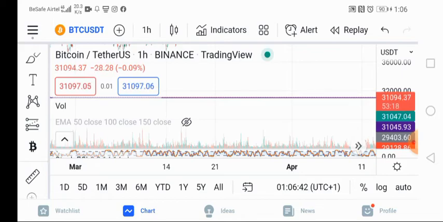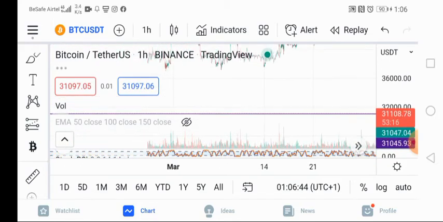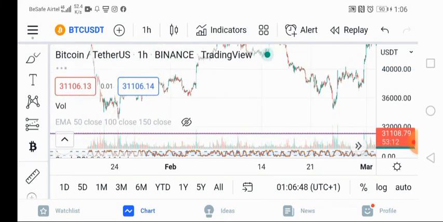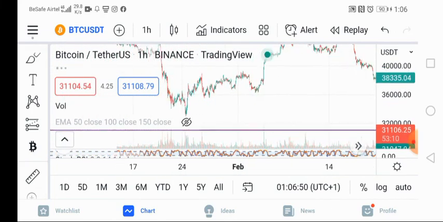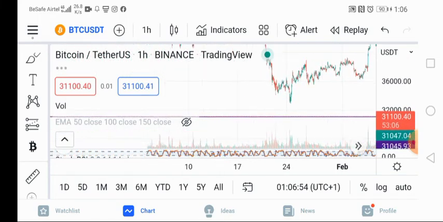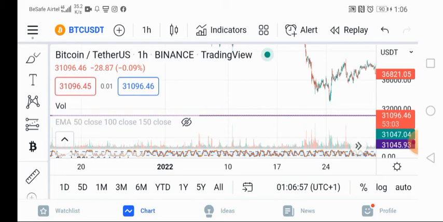And wait for a change of momentum. Wait for a change from bearish to bullish.